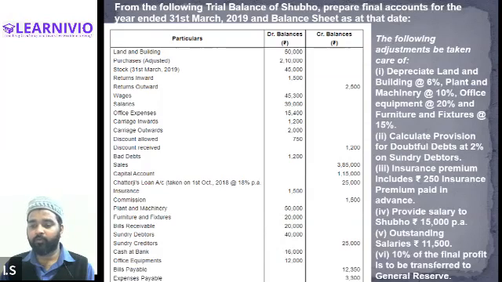So we will add both these amounts to the salary. The salary given in the trial balance is 39,000. We will add 15,000 more as a salary for Shubho, and then we will add a further 11,500 for outstanding salary.